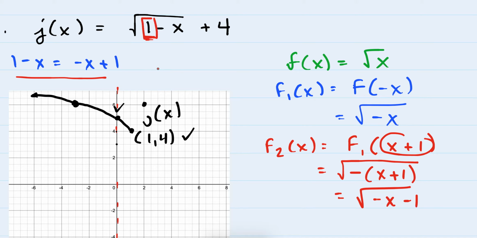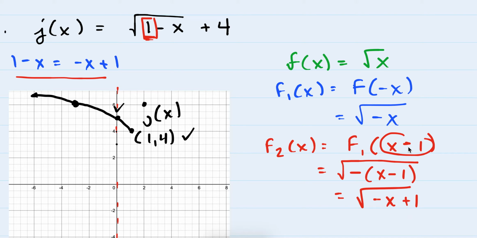We want a positive 1. So if you had decided to take the reflection first, what you should do is, instead of putting a plus 1 here, you need to put a minus 1. Because when you put that minus 1, this negative makes it a plus 1.